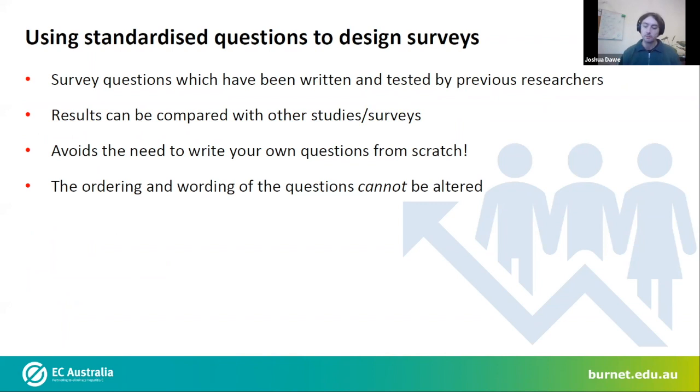Standardized questionnaires are sets of questions that are measuring a certain construct or a specific thing, that have been put together by researchers and then actually validated in a research setting. The value of them is that they're already written for you. I think that's the number one value. So you don't have to reinvent the wheel. And because they are validated, you know that it's a reliable way of measuring a specific construct. So there's a huge amount of value in using standardized questions.